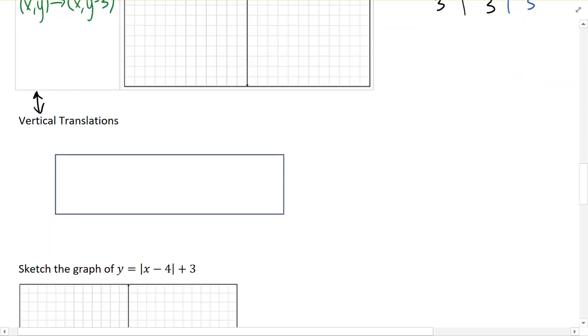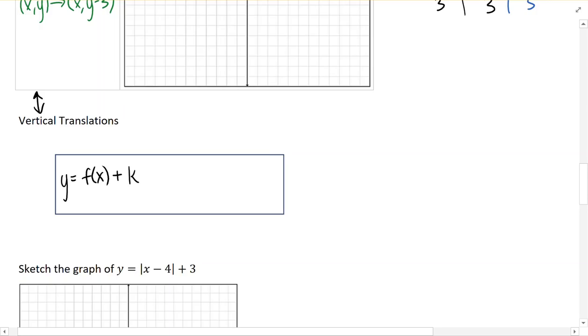And unlike our first one here, we have our function. Don't change anything with our input, but we do add some value outside the function. So remember, when you're moving things up and down, the letter k is used.